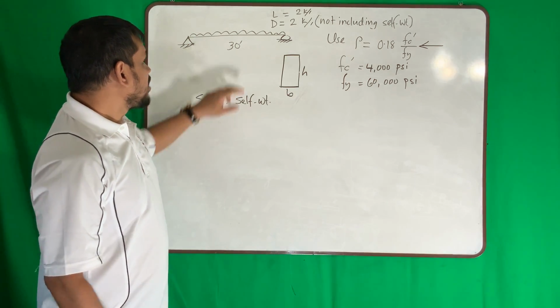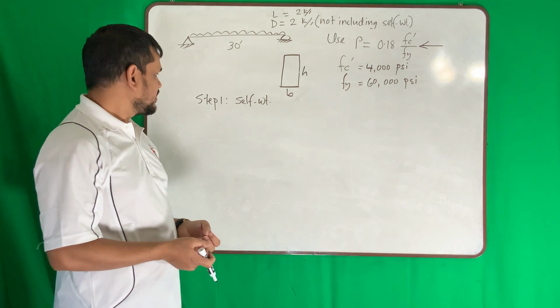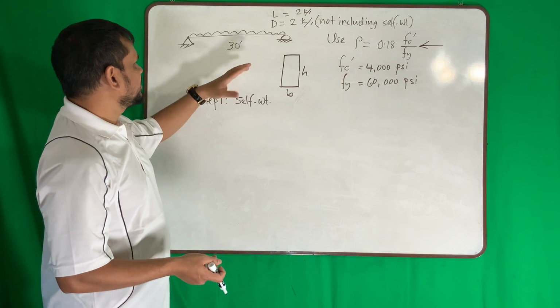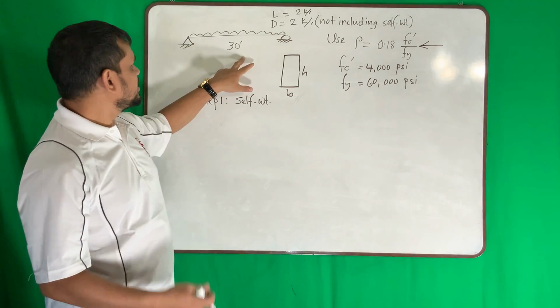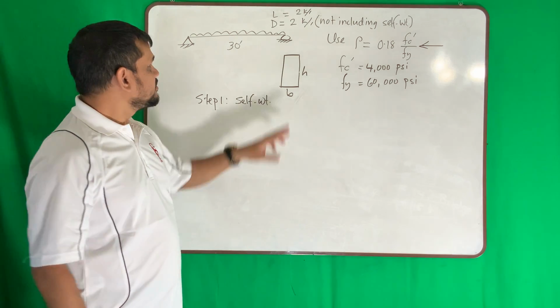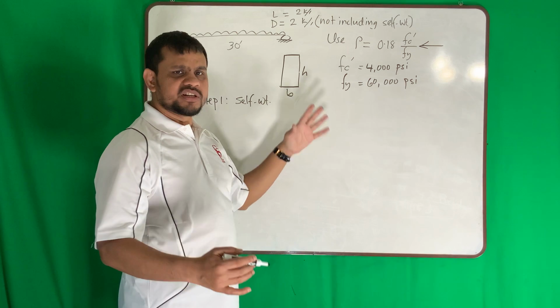Now, how much to assume? Yes, even I do not know this answer. But based on experience or common sense, this is a 30 feet long beam. It's a huge beam. Load is also huge. I suspect that this beam section will be huge.